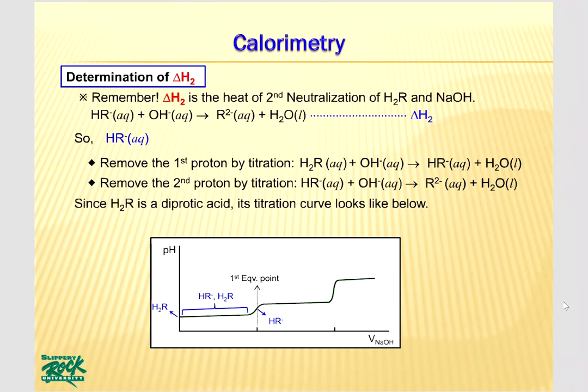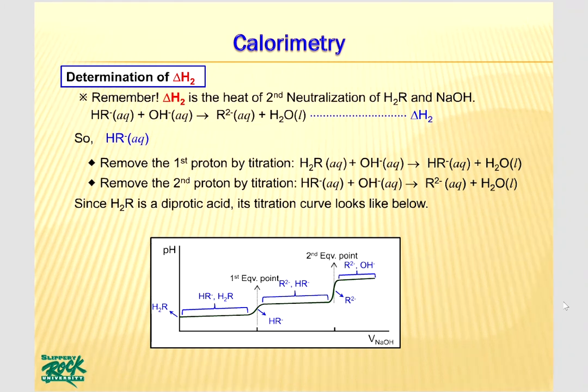As titration proceeds, after the first equivalence point, the solution contains newly formed R2- and unreacted HR- until it reaches the second equivalence point. The solution contains only R2- at the second equivalence point. As titration proceeds after the second equivalence point, the solution contains R2- and unreacted OH- ions.